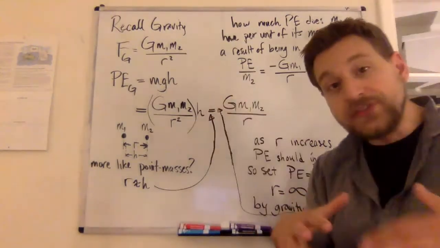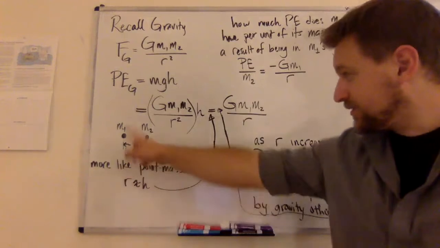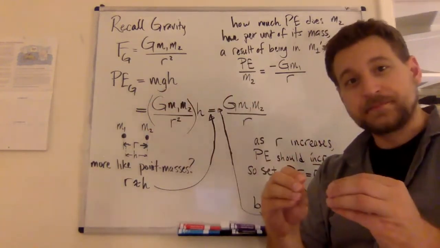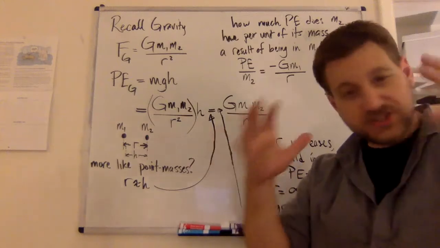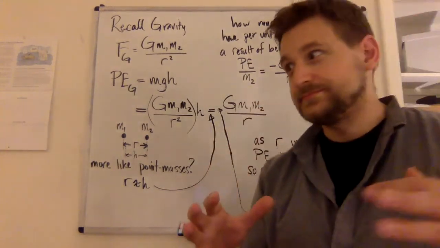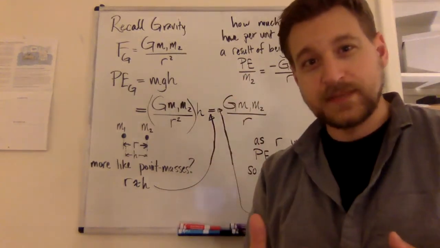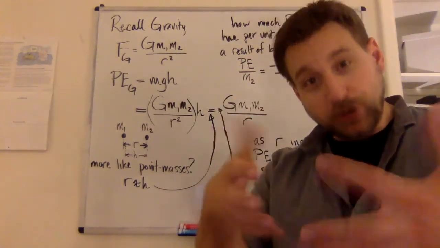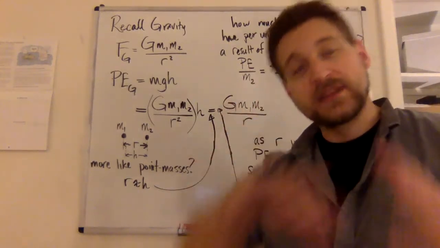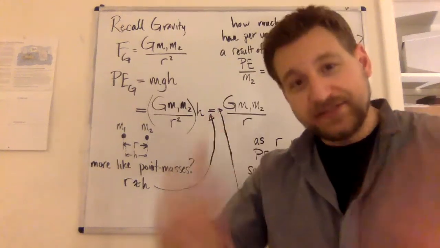Otherwise, if we're any closer than that, we're trapped by the gravity of M1. Eventually, we will fall. And we are stuck in the gravity effect of M1. In order to pull ourselves out of the trap of the potential energy hole that we find ourselves in, we would have to do work.